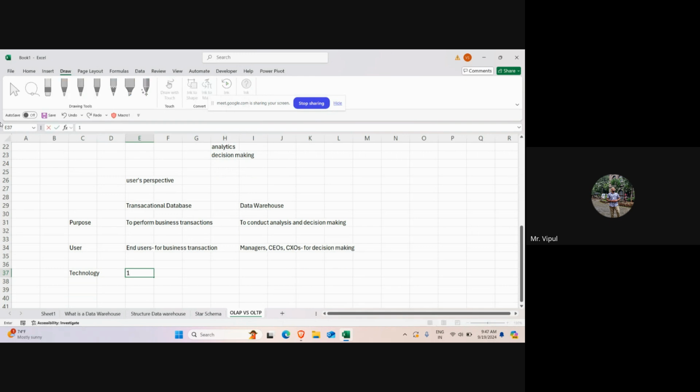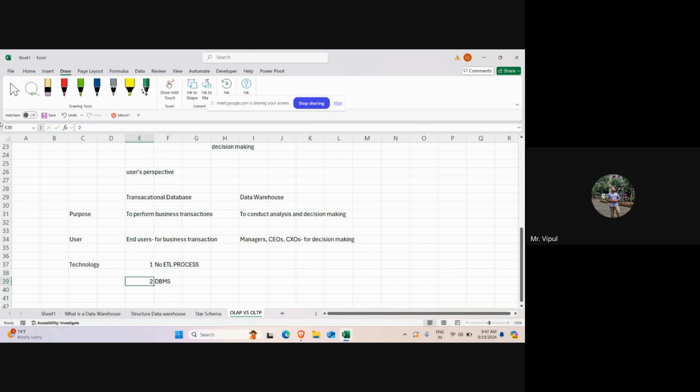So first point I can add is no ETL process in transactional database. Second point is DBMS, and third point is server side application or API.